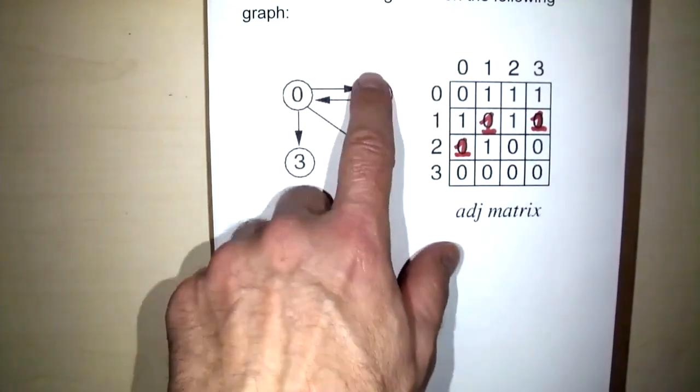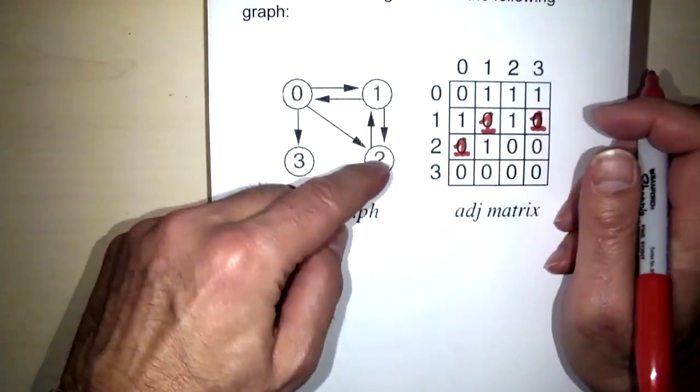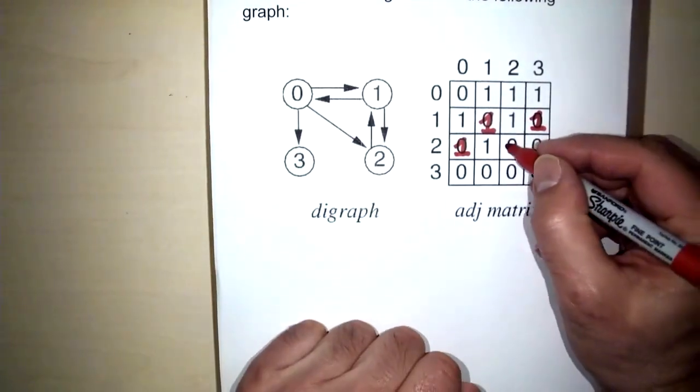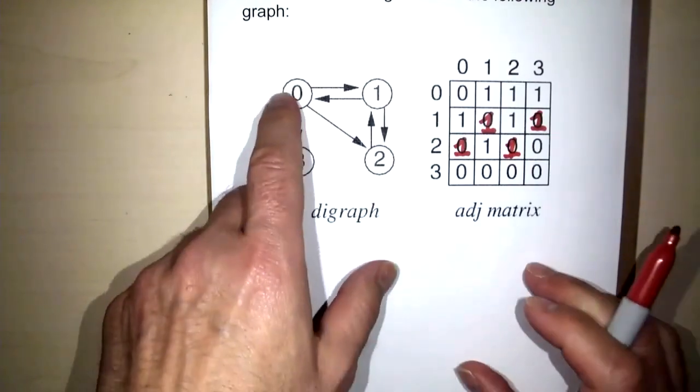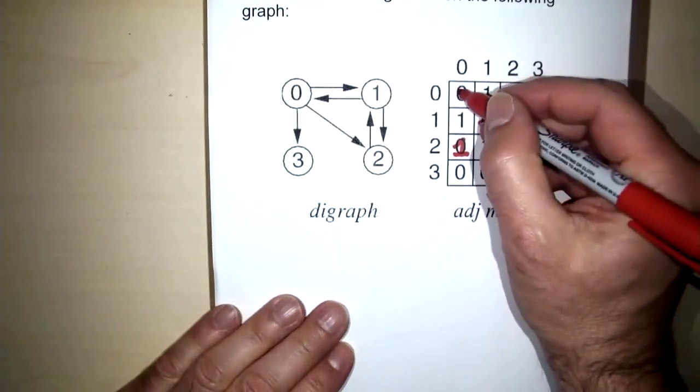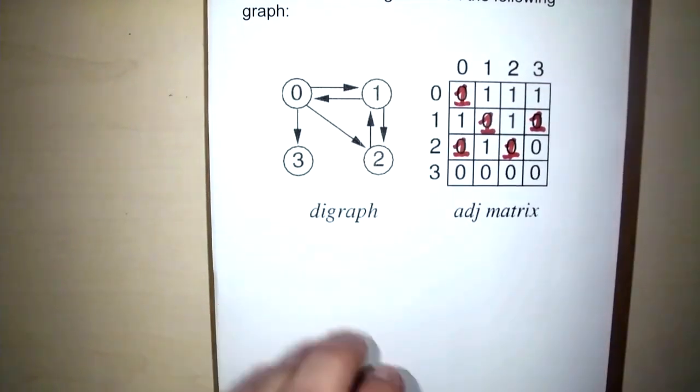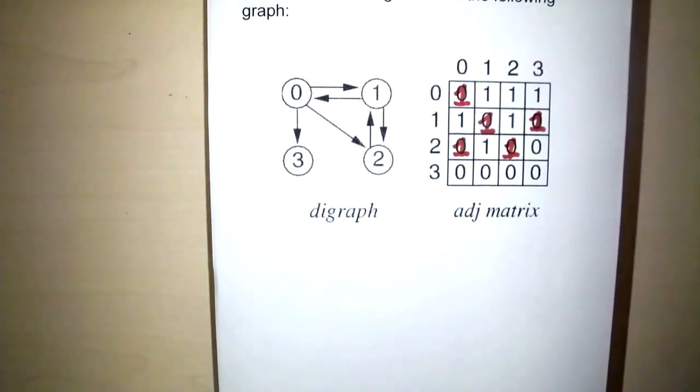Very good. 2 to itself. Well, first up, then down. And 0 to itself. That's right. 0 to 1, 1 to 0. That changes. Anything else?